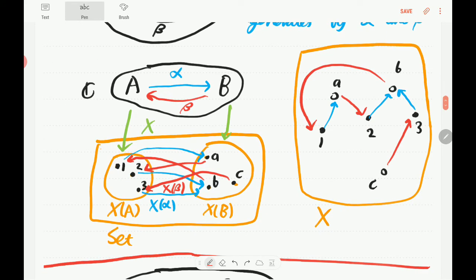And you see, we can think of a functor X from C to Set.